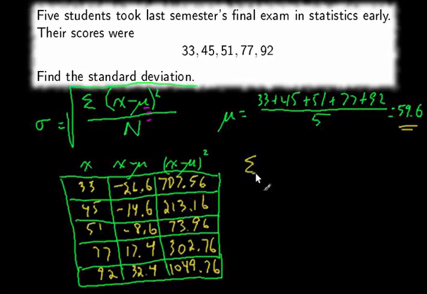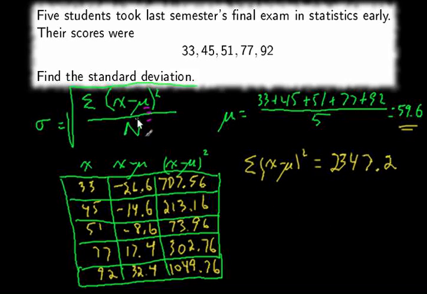So the sum of the x minus mu squareds is 707.56 plus 213.16 plus 73.96 plus 302.76 plus 1049.76. That is 2,347.2.